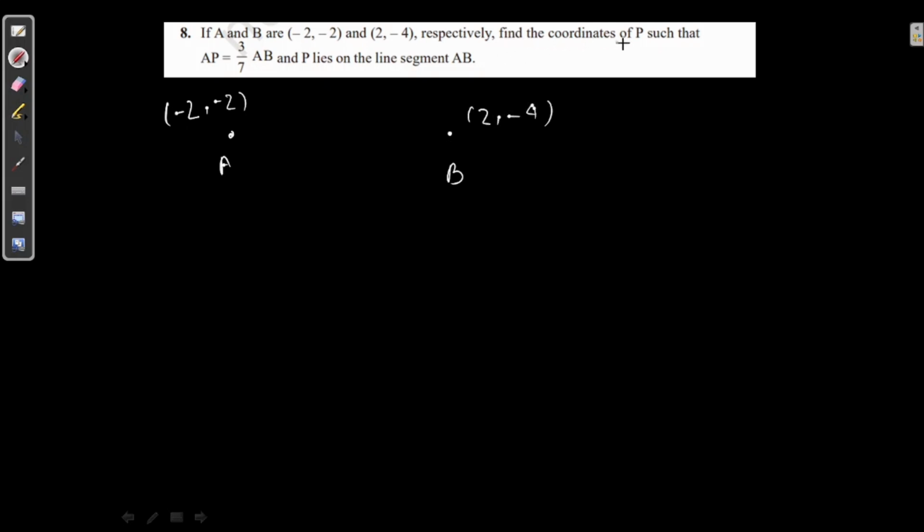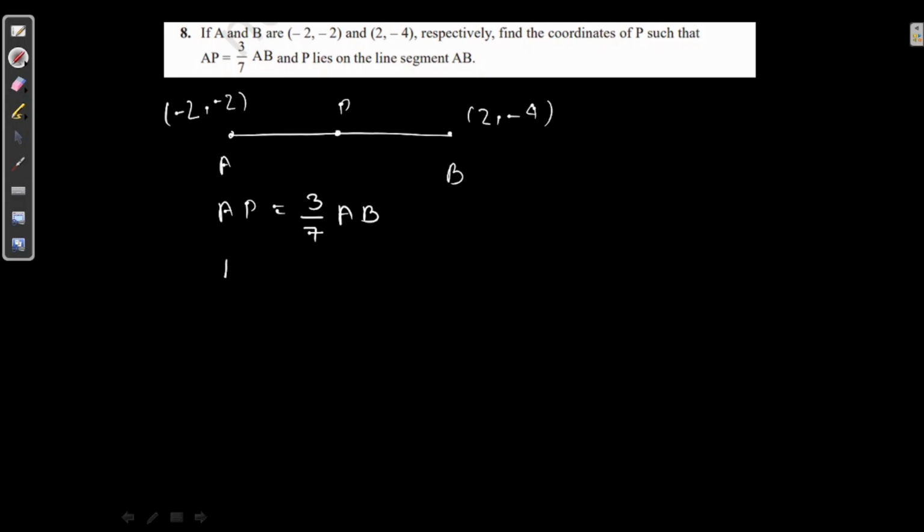Okay, then find the coordinate of P. So between A and B there is a point P. So the coordinate of point P we have to find. But they are saying AP is equal to 3 by 7 AB. So look, AP is 3 by 7 AB. Okay, and P lies on line segment AB.